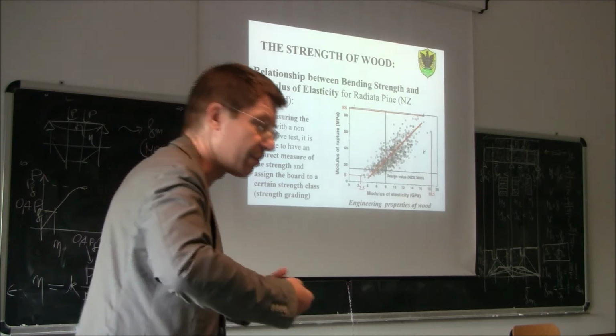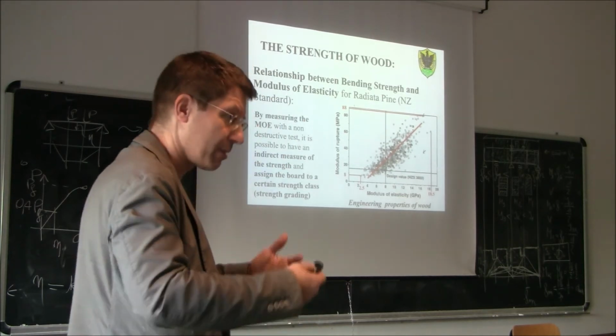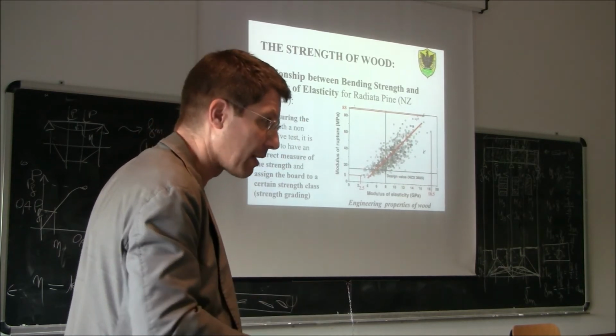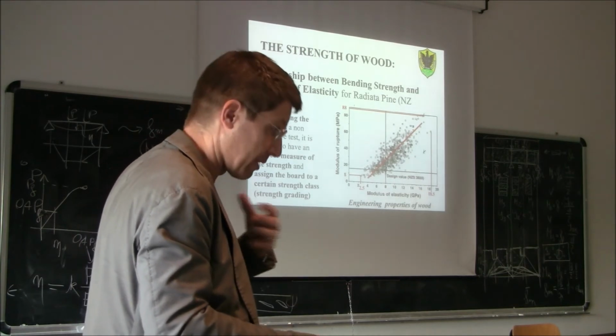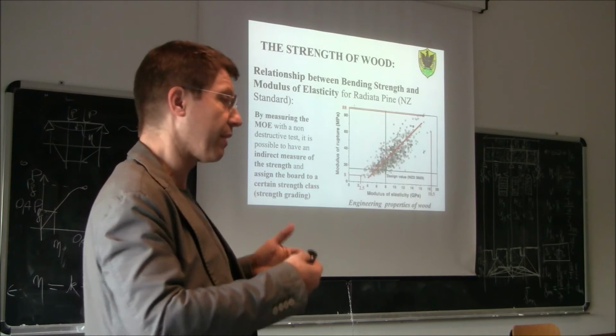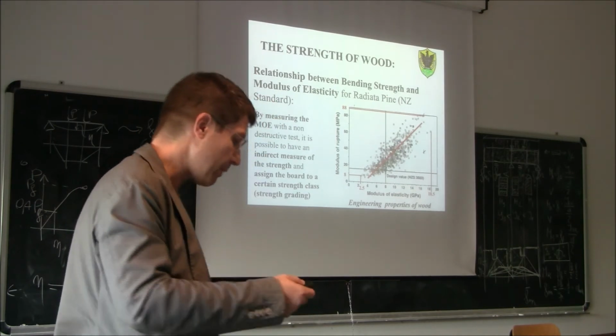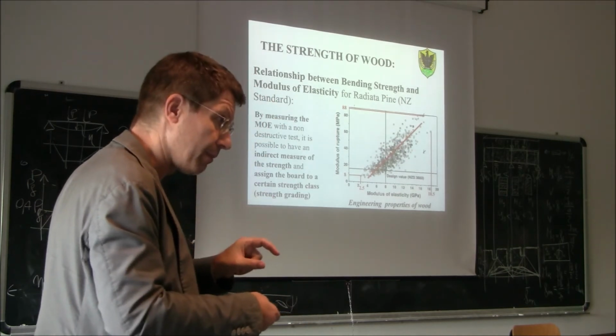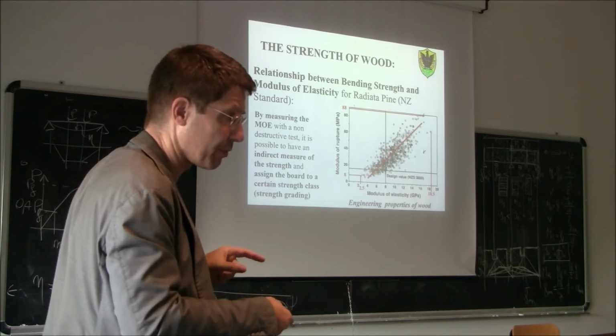Then we broke all these planks, and not us, some other researchers from CNR Ivalsa, they try to find a correlation between the modulus of elasticity and the modulus of rupture.